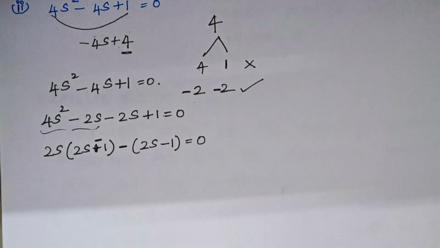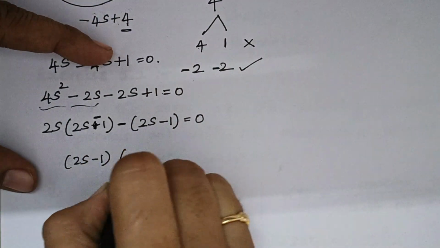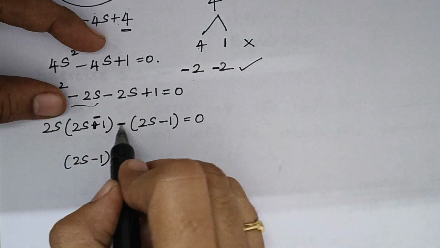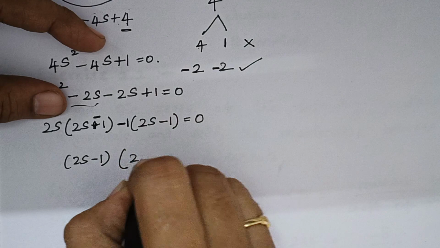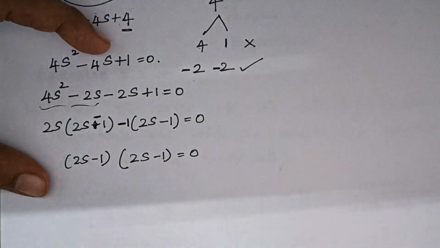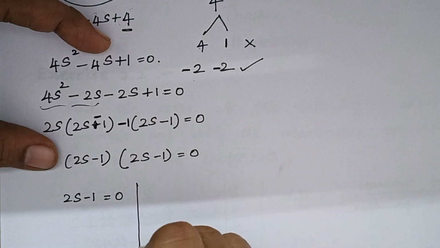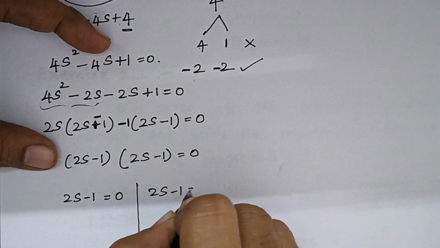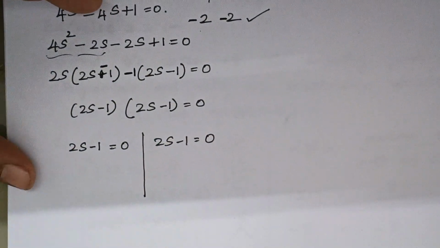So when you take 2s minus 1 commonly outside, the remaining terms are 2s and, here, 1. So 2s minus 1 into 2s minus 1 is equal to 0. So 2s minus 1 is equal to 0, and again the same term 2s minus 1 is equal to 0.